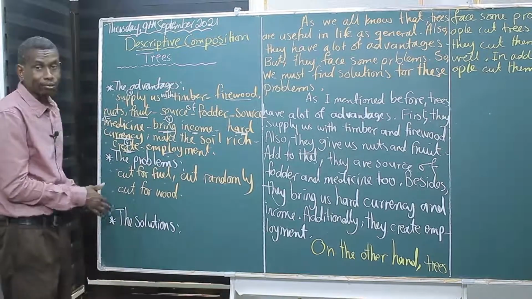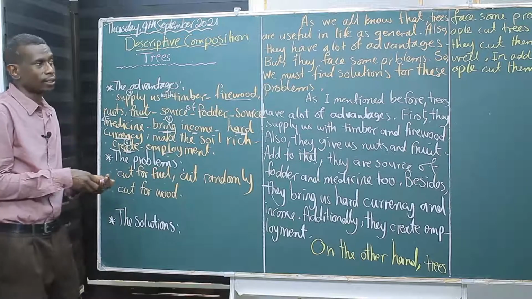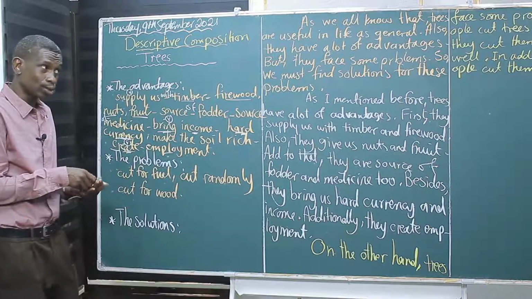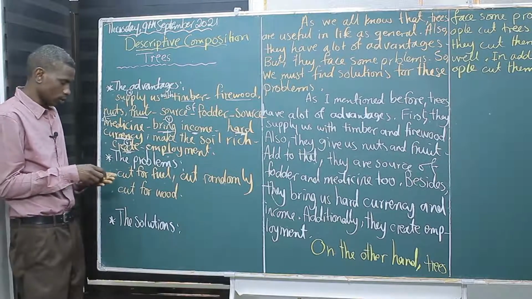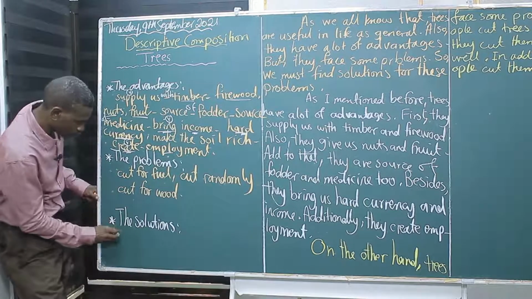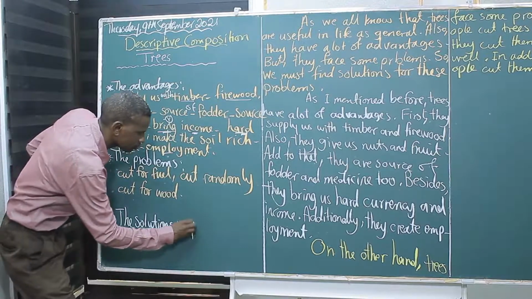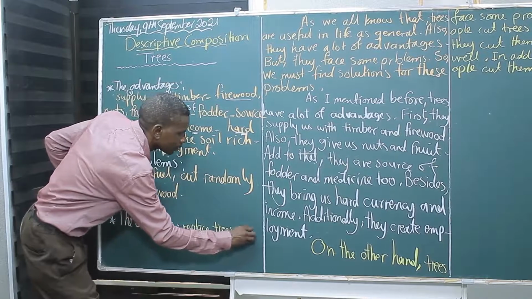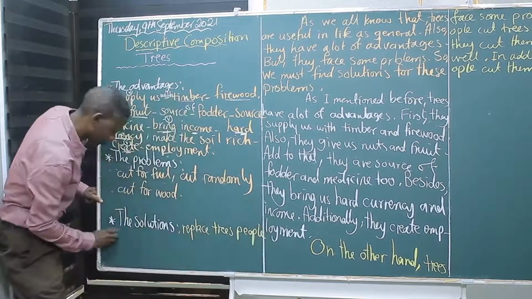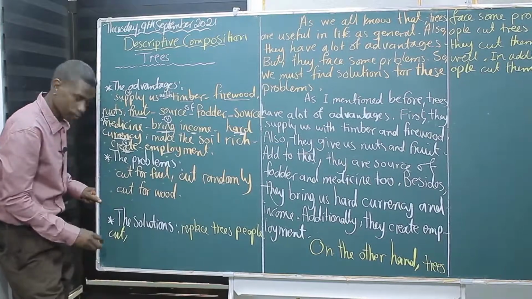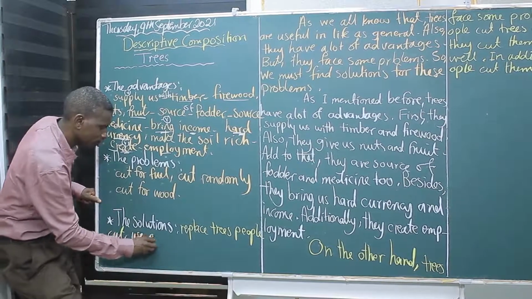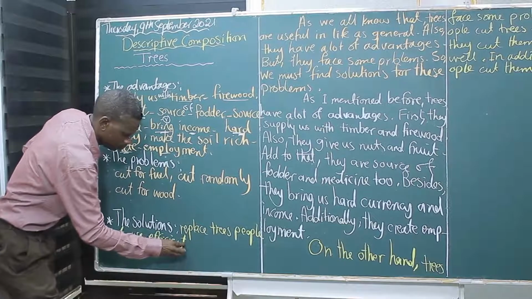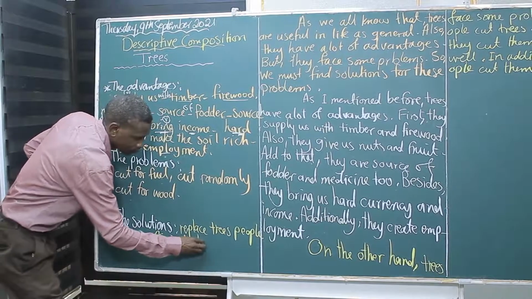So finally, we come to the solutions that have been suggested or recommended to solve the problem that trees face. The solutions: replace trees people cut. Use efficient stoves.